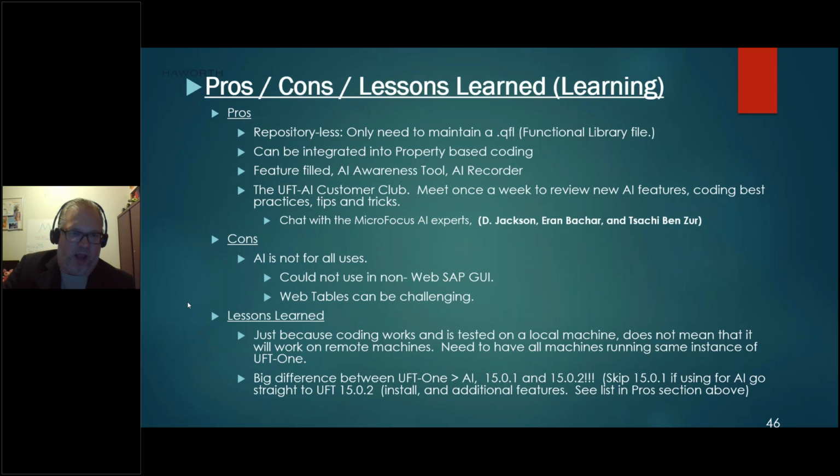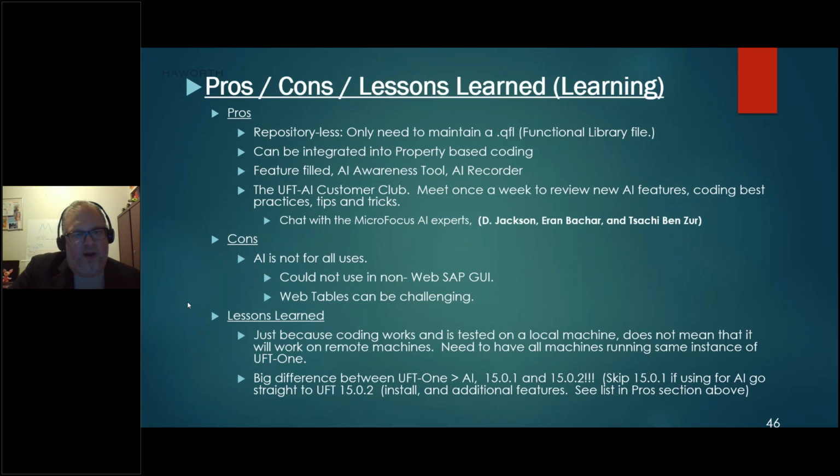It's repository-less. It's awesome when you don't have to sync a .tsr file and a .qfl file. If you're working with functional libraries, you always have to sync your properties with your TSR file that goes along with it. Well, with AI, you can intertwine your repository and repository-less objects and elements.